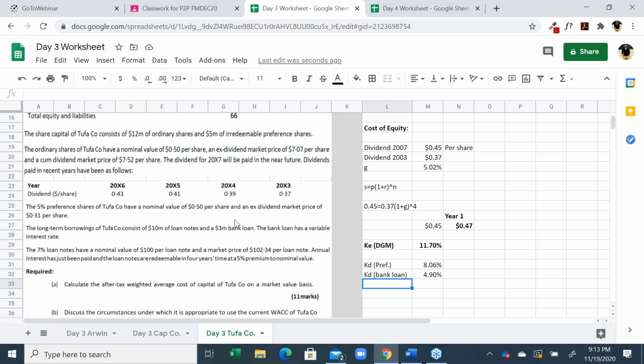So we don't have any other rate that should be considered as a bank loan's interest rate. We can't take the preference shares' rate as a bank loan interest rate. So a better way will be to take the loan notes' interest rate as the bank loan's interest.